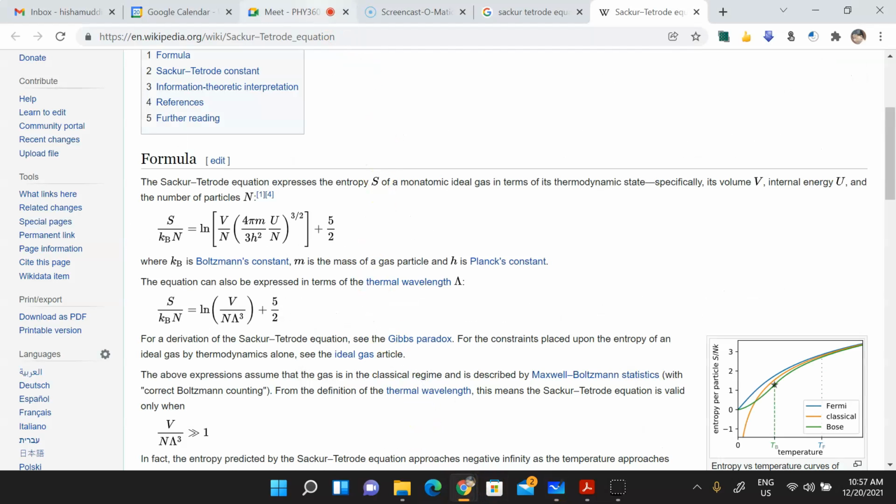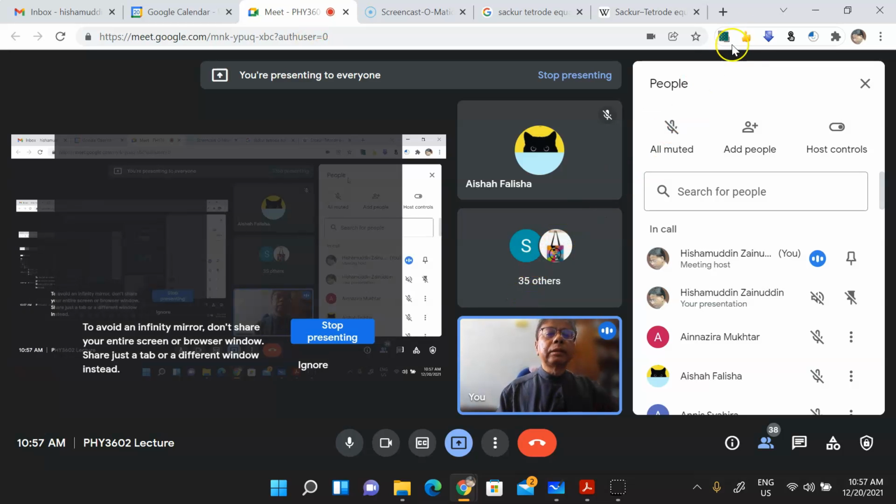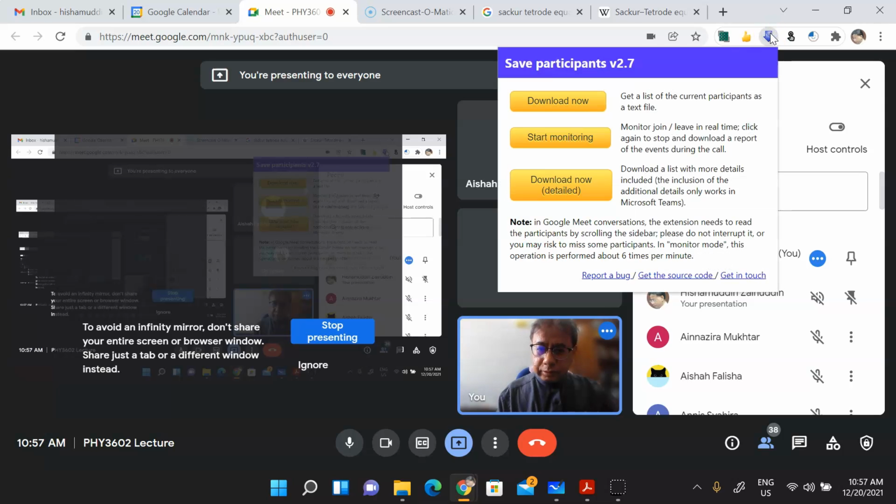Let me at this stage take your attendance list. Is anyone affected by the flood, by the way, just in case? Anyone living in Shah Alam or something like that?